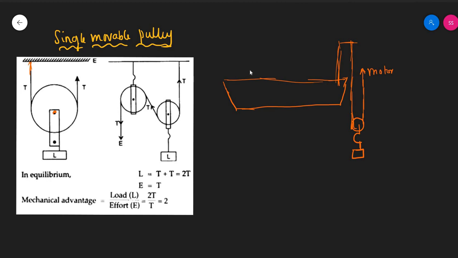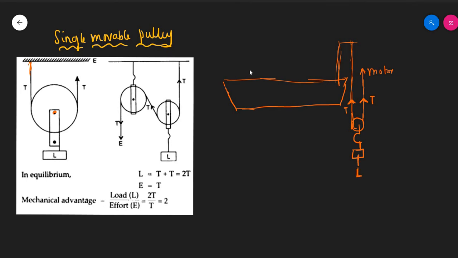One of the advantages is that there are 2 ropes here, and the tension of both these ropes is balancing the load.